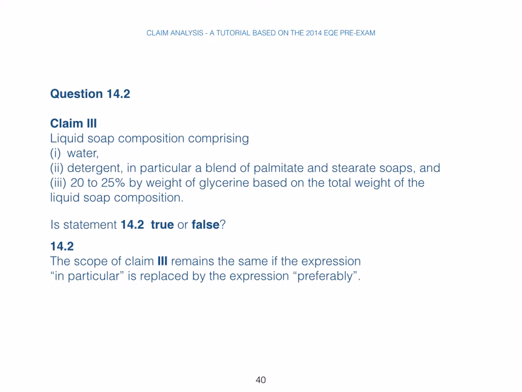Now, "in particular" has a different meaning or a different connotation to "preferably". As these words have different meanings, does this imply that the claim will have different claim scopes? So put down your answer, true or false, and we'll come to the explanations later.